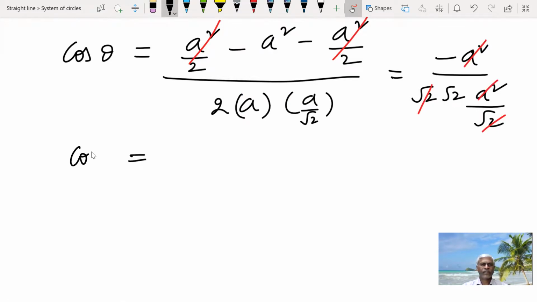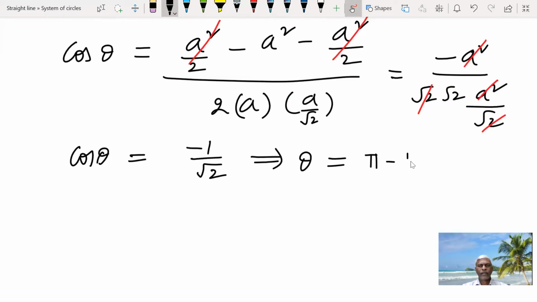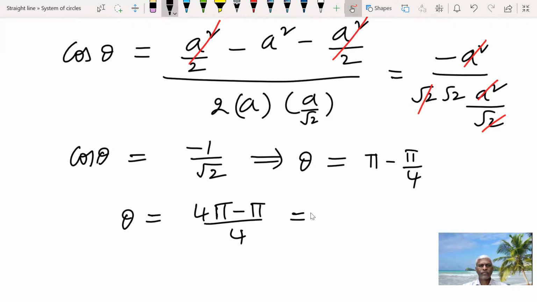Now cos theta is minus 1 by root 2. So this implies theta value is pi minus pi by 4. So that is 4 pi minus pi by 4.